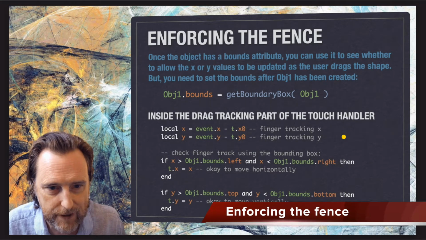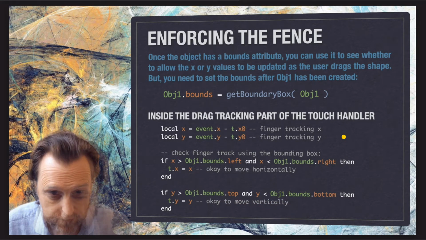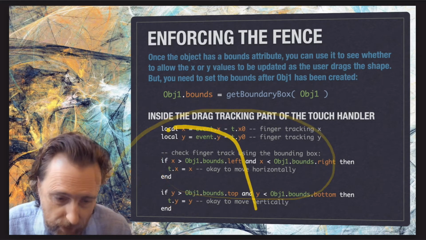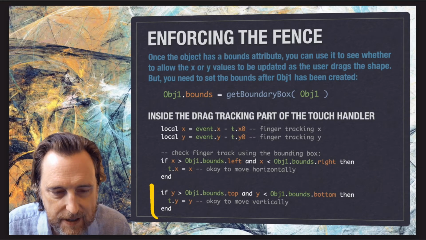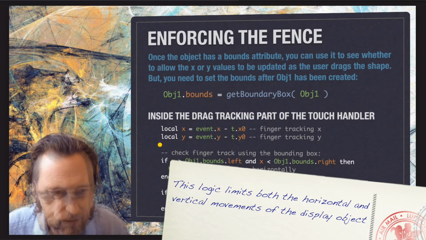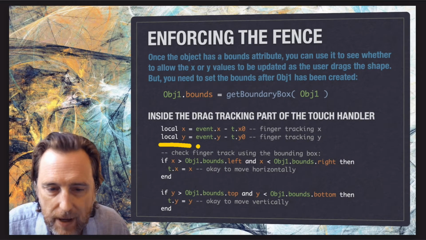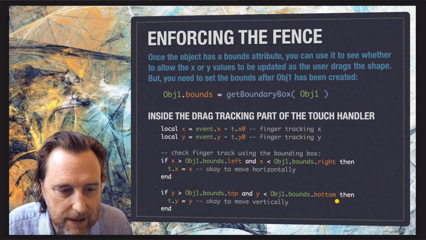Okay, enforcing the fence. Now that we have the fence, we want to use it. This is the code. We're going to add two if-then statements to limit where we can move the display shape. And here's where having left, right, top, and bottom are handy.